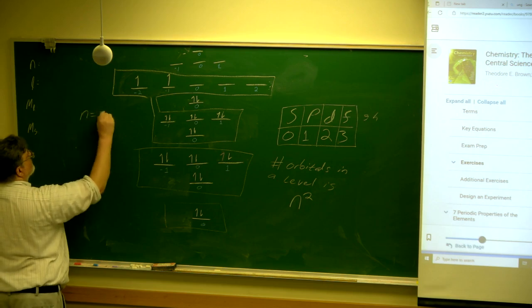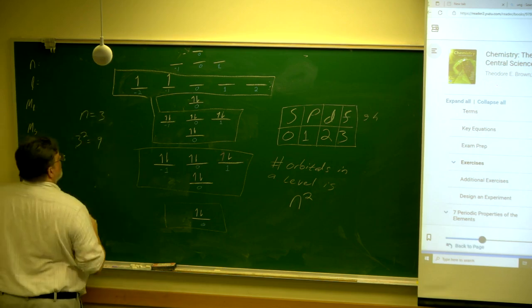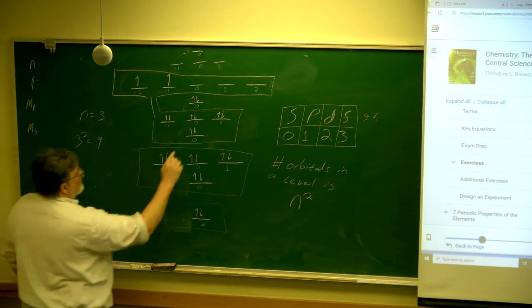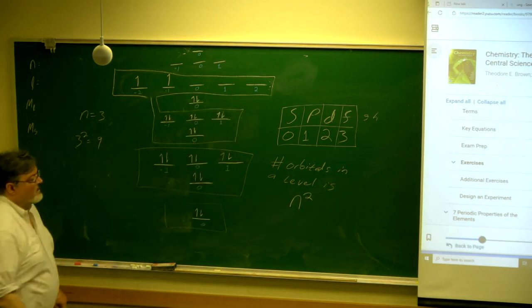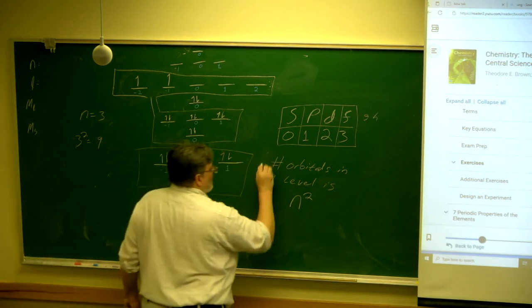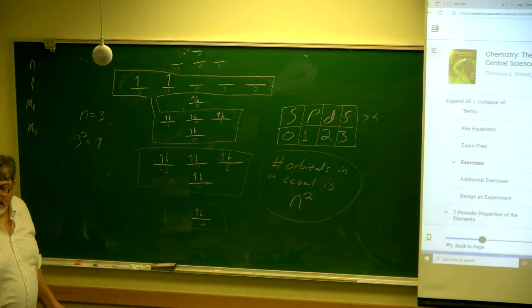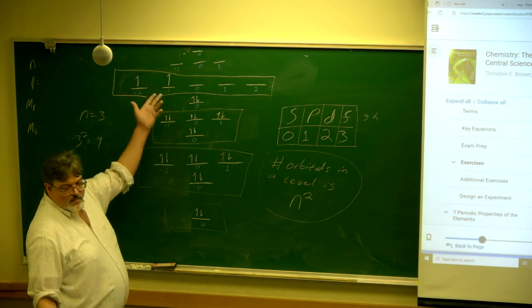If n equals 3, 3 squared equals 3 times 3, which is 9: 1, 2, 3, 4, 5, 6, 7, 8, 9. So that's handy if you're being asked very general questions. But it just flows from the fact that this is the pattern.